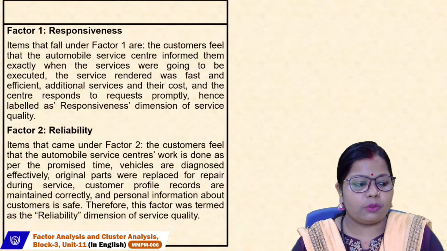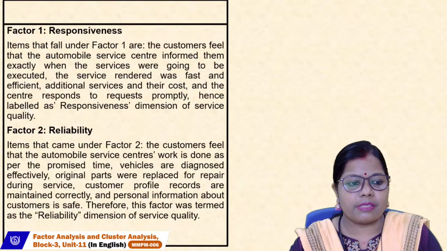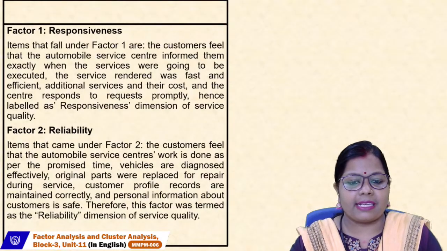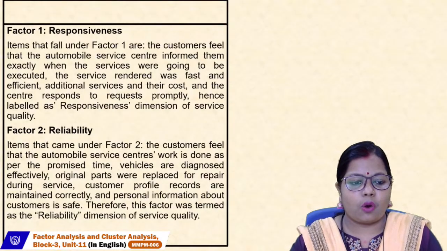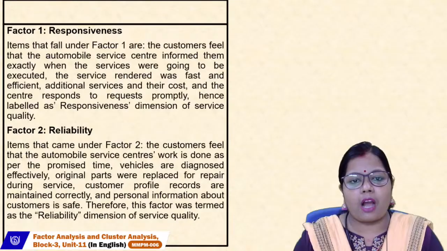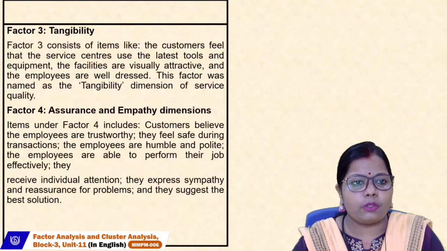Then factor 2 is reliability. It says the customers feel that the automobile service center's work is done as per the promised time, vehicles are diagnosed effectively, and original parts are replaced for repair during services. So it is a case of reliability. How much we can rely on the servicing center is our factor 2.